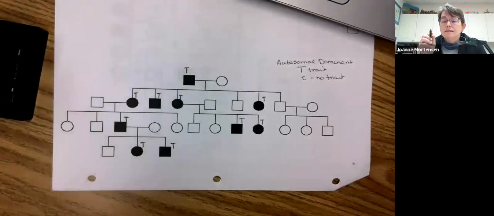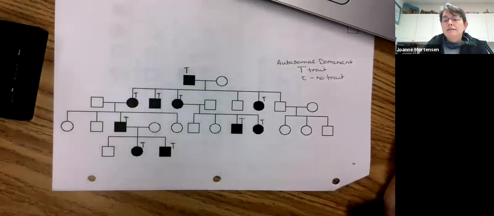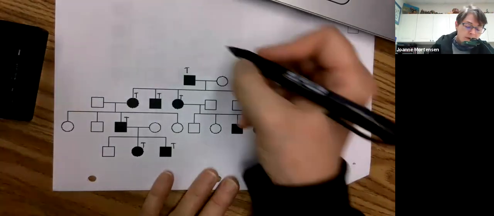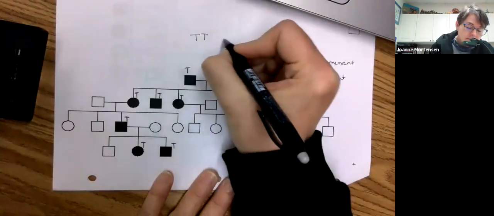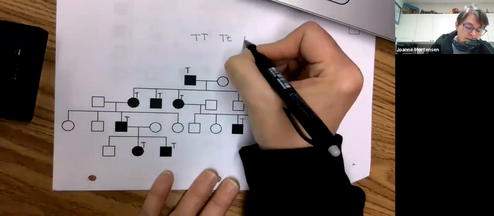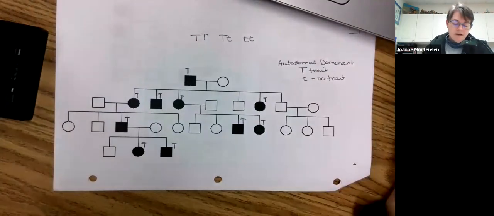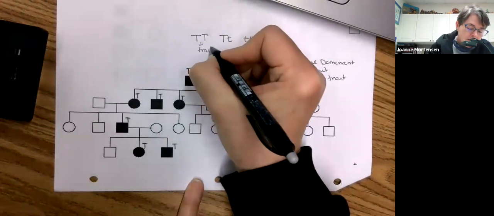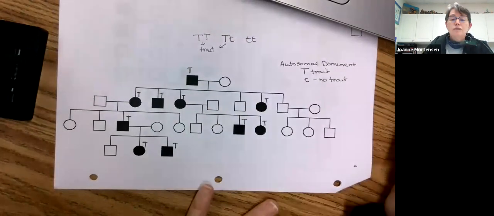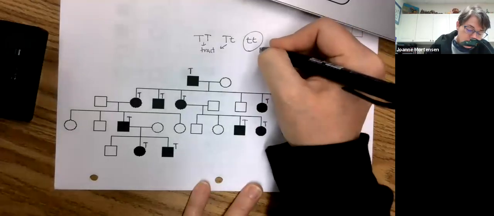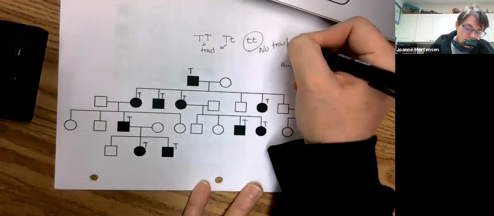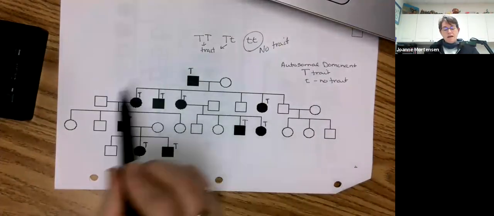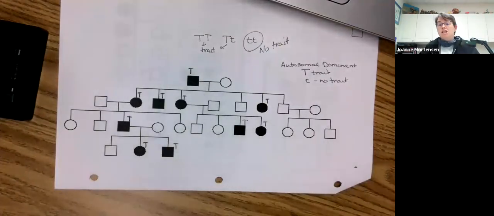Which means all the ones that aren't colored in don't have the trait. And if we look, there's only 3 possible genotypes for this. This guy has a trait, or gal. So does that person. These ones, no trait. Which means everybody in the whole picture that's not colored in is going to be 2 little t's.